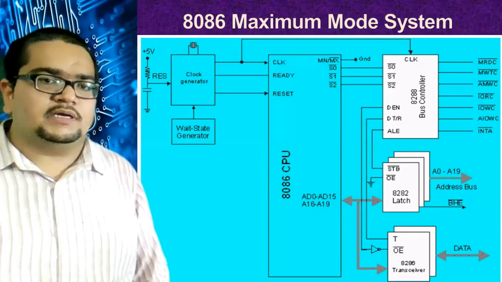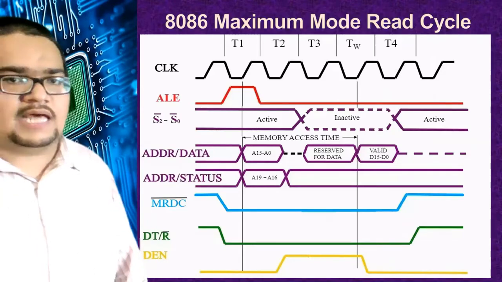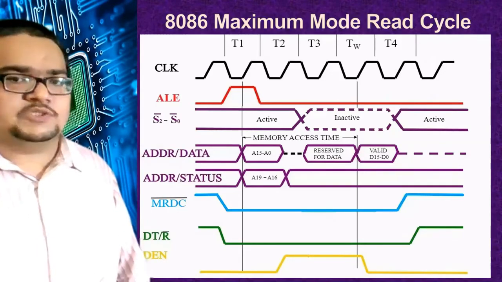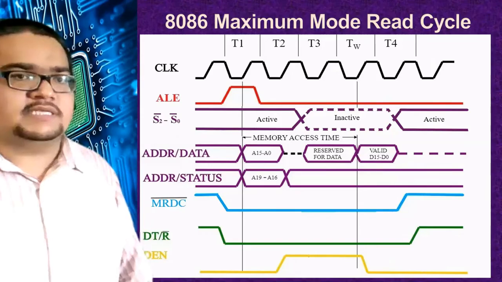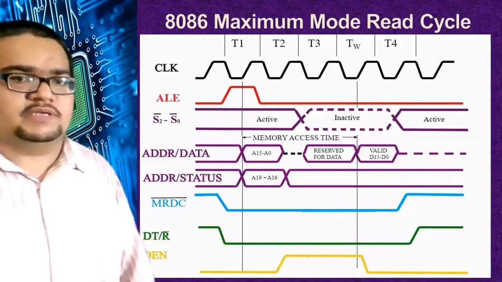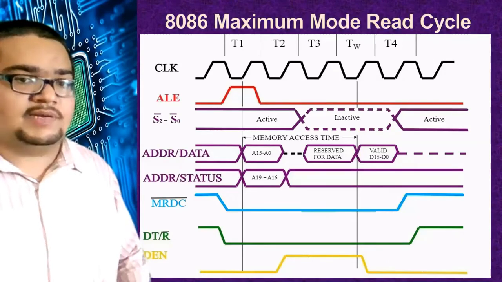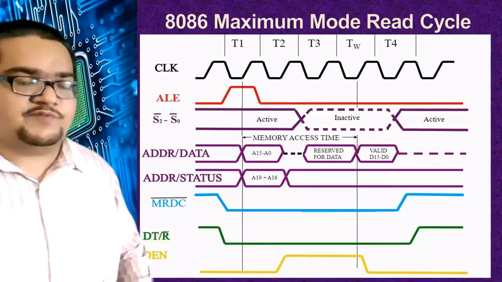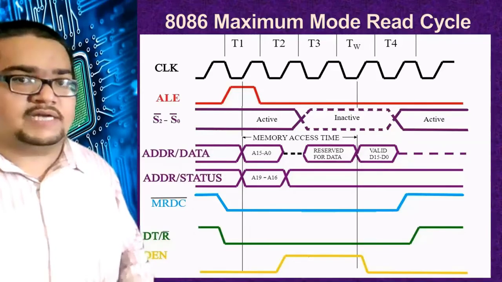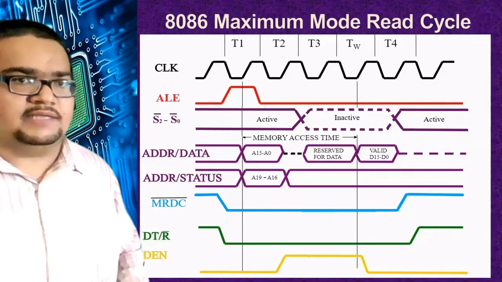Coming back to the timing signals again, we have that DT/R bar. There's a dark green color line here, and it is low. It is low means the processor is receiving, reading. And DEN, when the data enable is there, it is high. This difference you have to notice: in the minimum mode read cycle, this yellow DEN bar was there and it was low, but this time it is DEN and it is high.